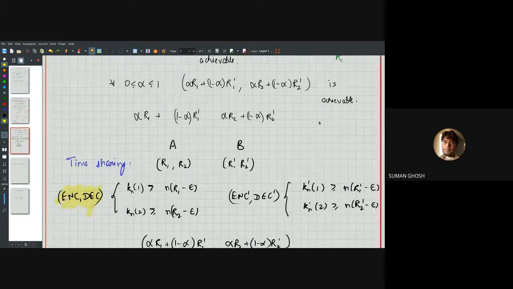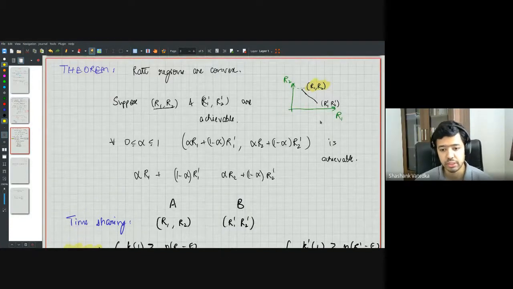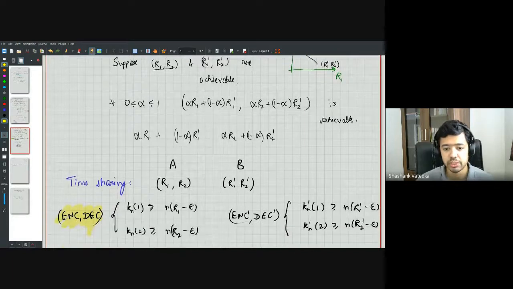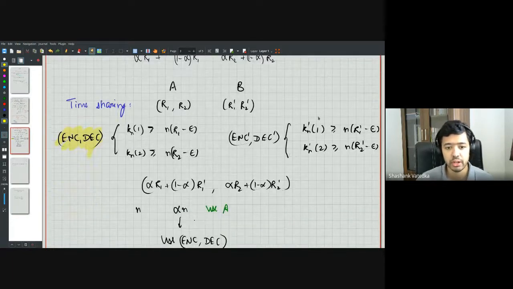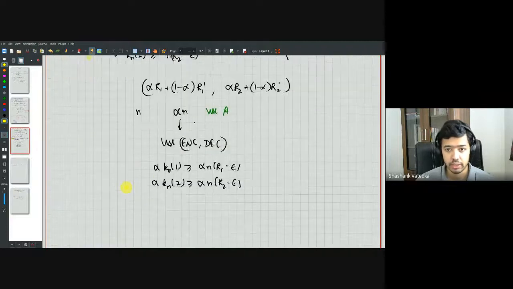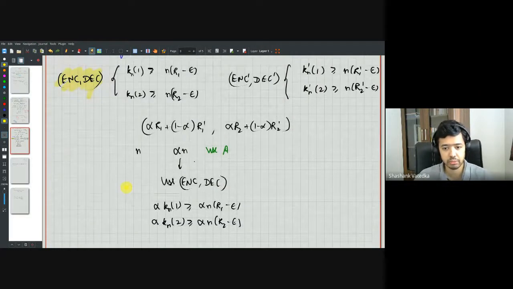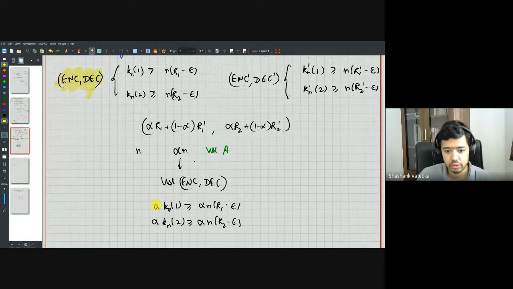Got it. But you know that there is some sequence of encoders and decoders which allows you to transmit k_n(1) bits and k_n(2) bits respectively. So basically, you're partitioning the message into two parts. The first part consists of alpha k_n(1) bits and alpha k_n(2) bits respectively. And the second part will consist of the following.